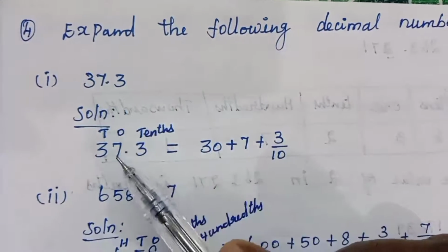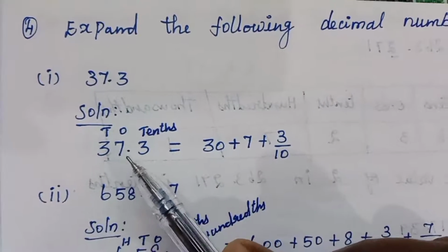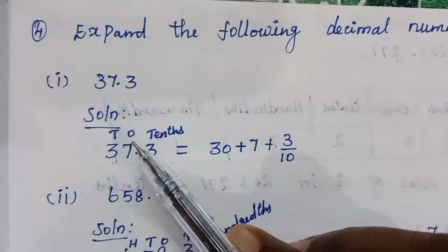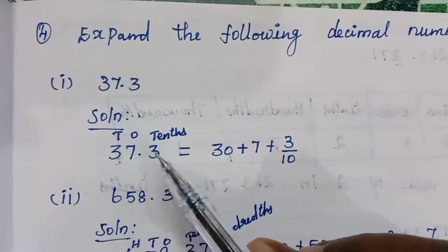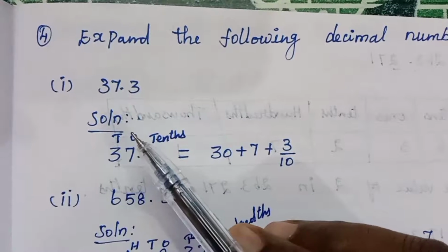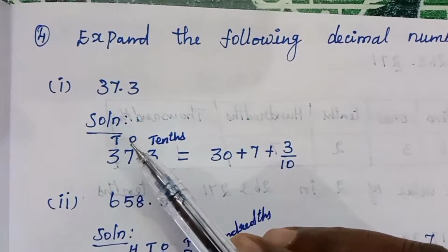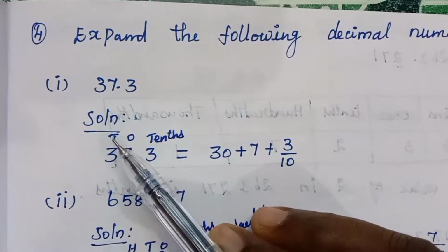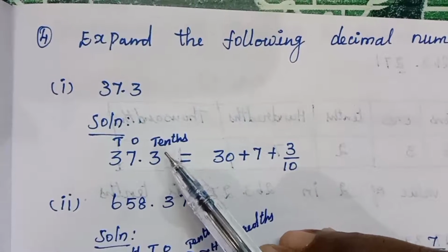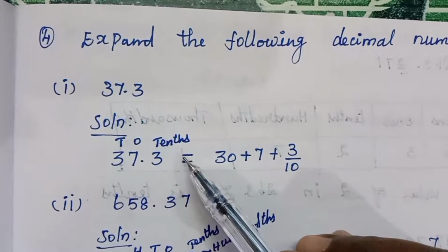37.3. First you take and write the given decimal number 37.3. First you mention the place values, that is, there is an integral part, the whole number part, and a decimal part. For the whole number part, normally what we use for place value, we have to denote above the number. So that is ones, tens. For the decimal part, we denote the place values tenths, next digit hundredths.